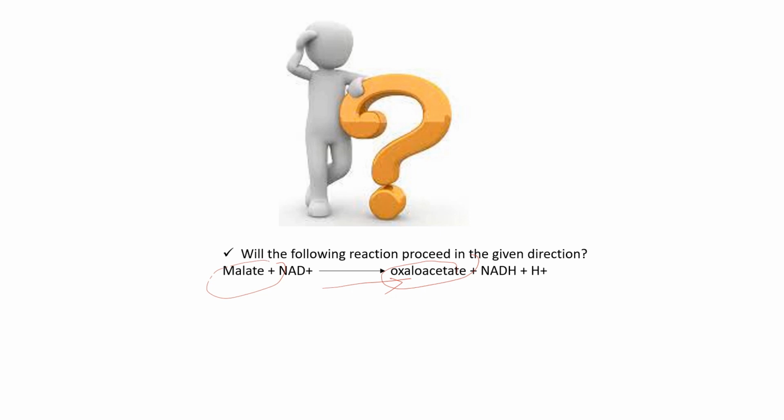Then you have to decide whether NAD plus can take hydrogen from malate to get converted into NADH, and after taking hydrogen from malate, whether the structure of malate is getting converted into the structure of oxaloacetate. Clear? Let me know in the comment section.